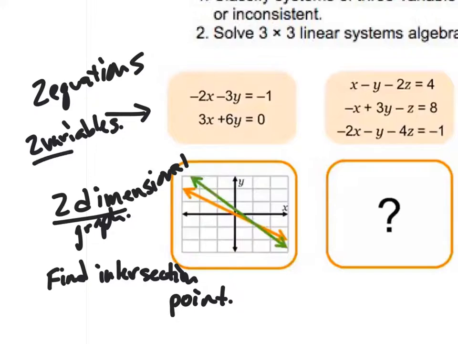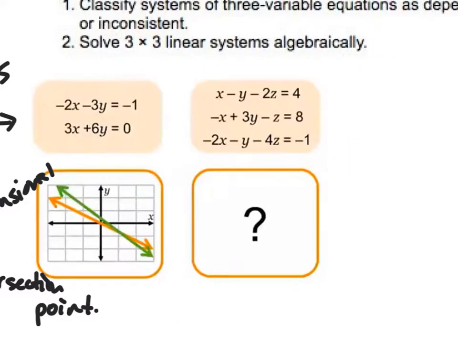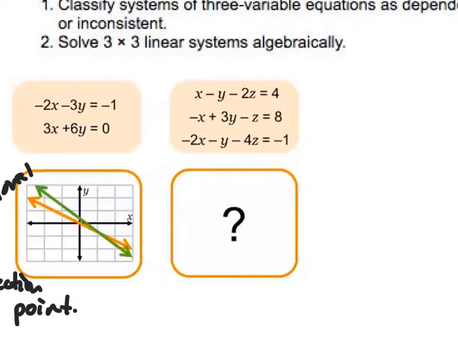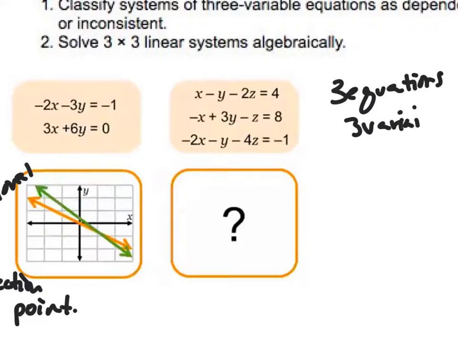All right. Now, if we jump over to three variables, what we have here is three equations, three variables, okay?